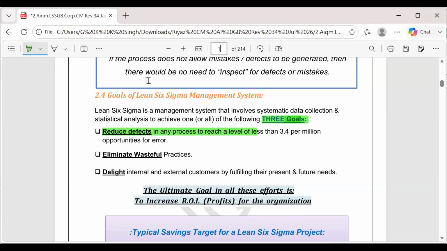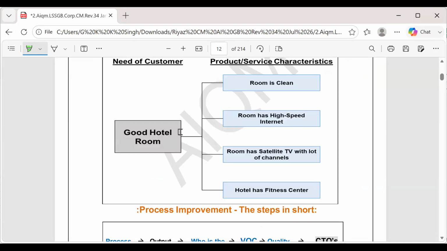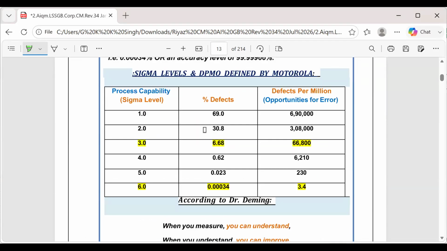If you see page 13, I have shown you this table yesterday. Before we implement Six Sigma in our processes, the Sigma level for the process is generally around 3, which means our defects are around 6%.